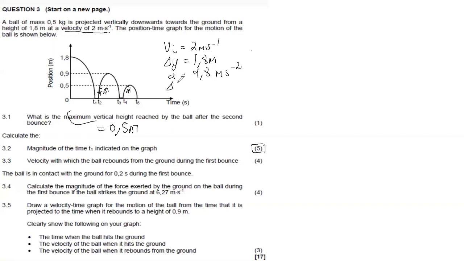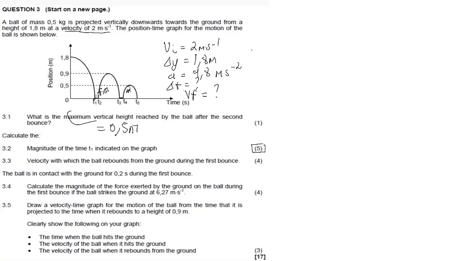Then I'm looking for delta T. I do not have that. But what I also do not have is the final velocity. So now looking at this data, we can see that we have 2 unknowns. For a 5-mark question, I can start by looking for the V final, then pick a formula that has delta T so that I can calculate time T1 there.